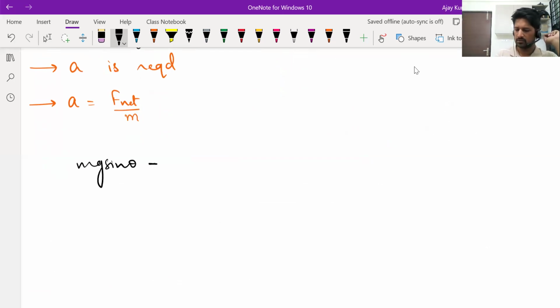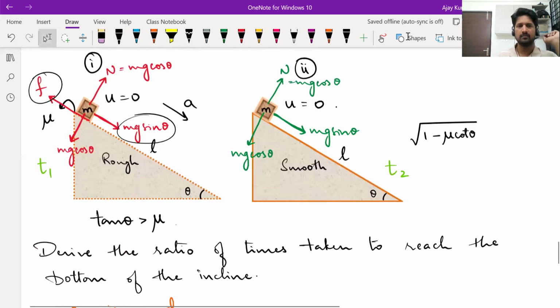What kind of friction will act on this block as it slides down the incline? Static or kinetic? Kinetic friction, sir. Kinetic friction. Okay.